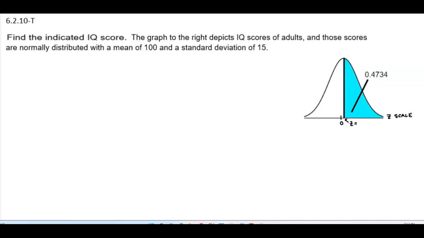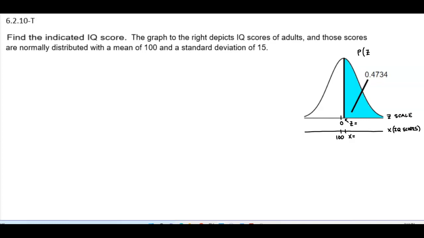And here we want to first determine what is the value of this z-score. And then eventually what we want to do is take a look at the x-scale, which represents the IQ scores. Now we know the mean of the IQ scores is 100. And so eventually we want to find the value of x. So what we're trying to do is find the probability of z.